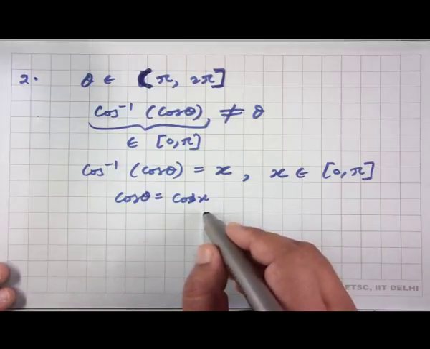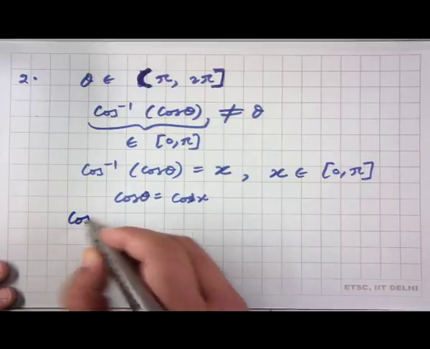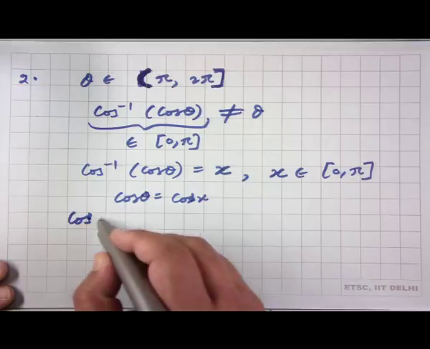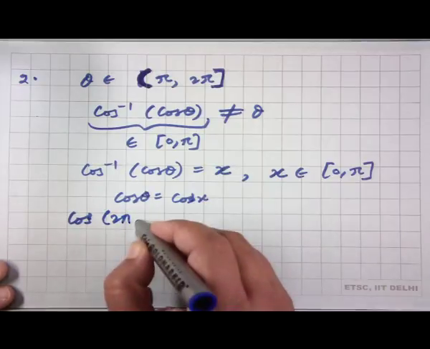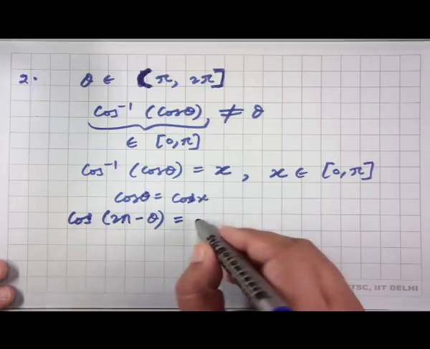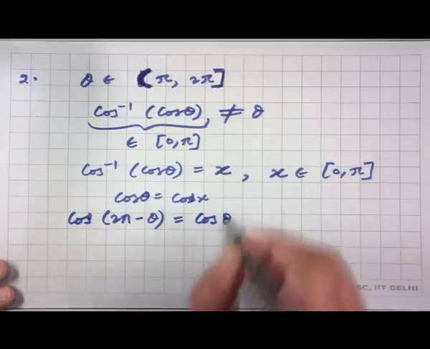We realize one thing over here: since the cos function is a periodic trigonometric function, cos of 2 pi minus theta is also equal to cos theta.